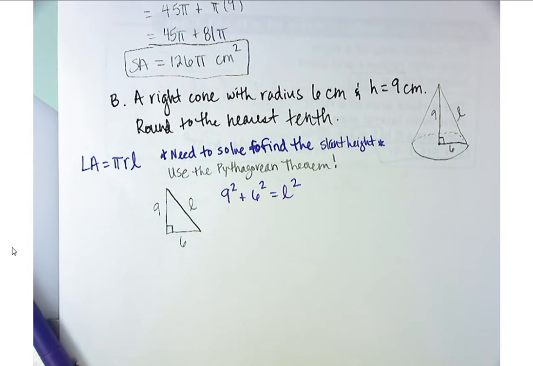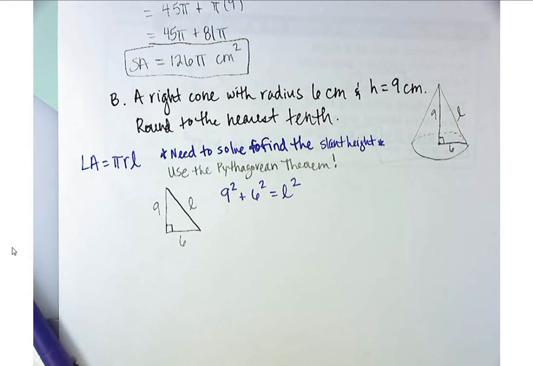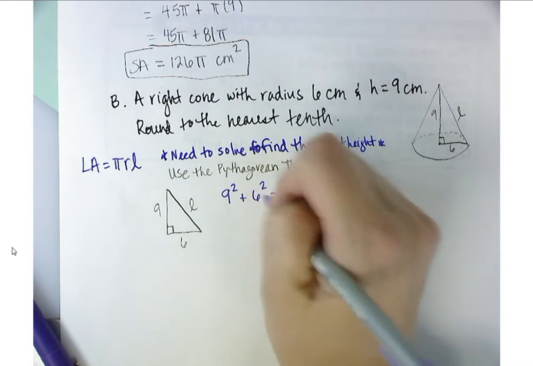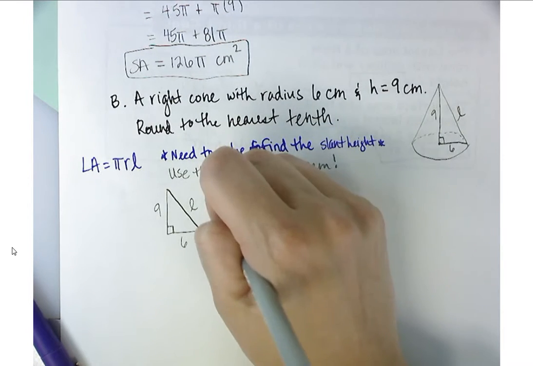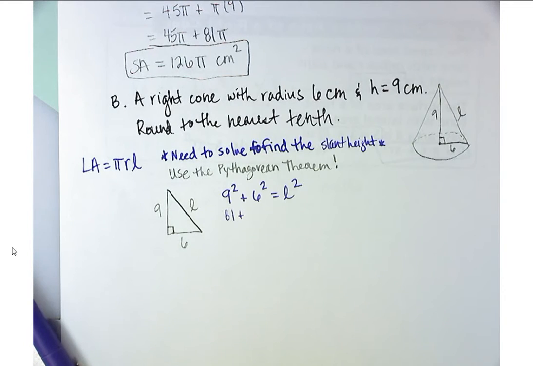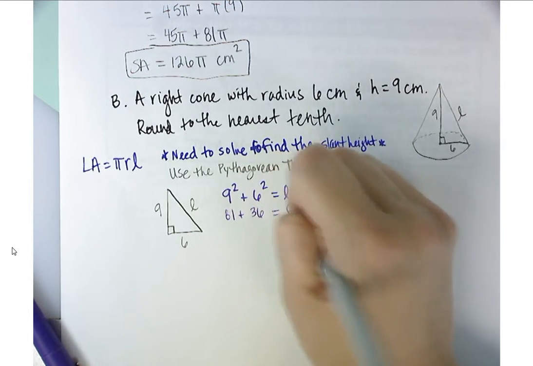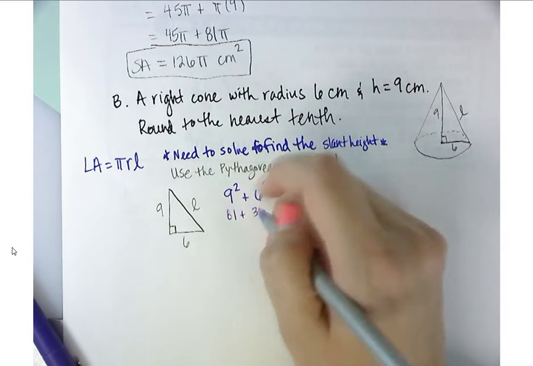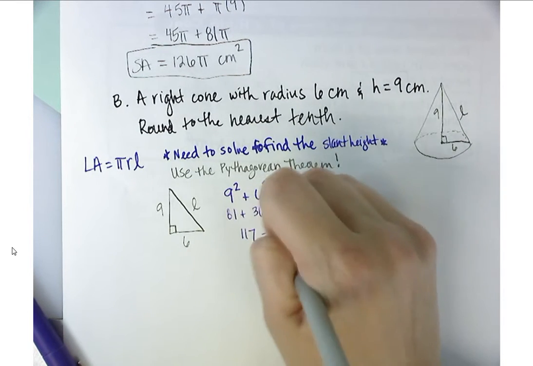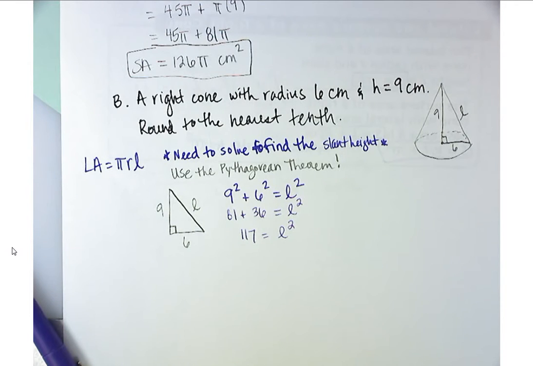Okay, Jackie, what do I get when I simplify this side? 9 squared? Yep. 9 squared, you get 81. Plus? 36. Yep. And then did you calculate what that will be? Good. So then if I have L squared, how do I find out what L is?